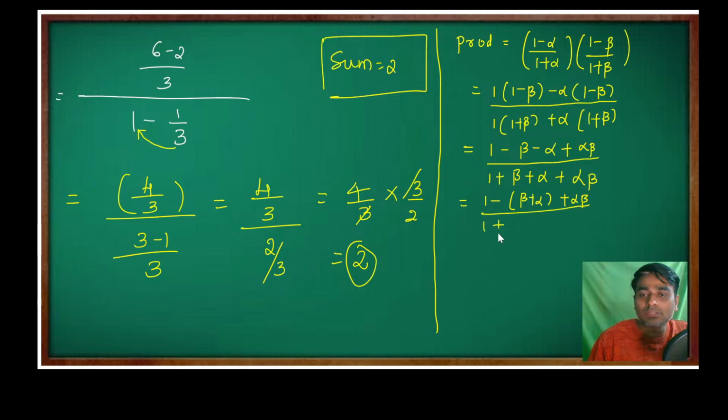Then here it is 1 plus beta plus alpha beta. Substitute the numbers. 1 minus, what is the sum? Minus 2 by 3 plus 1 by 3, divided by 1 plus minus 2 by 3 plus 1 by 3.